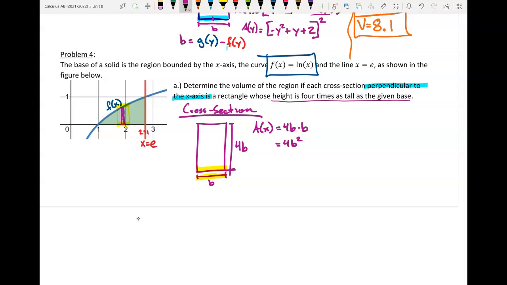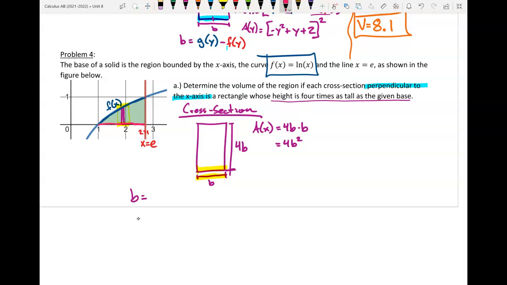Okay, how do I express my base? Well, in this one, we're going top minus the bottom. What's my top? My top is that f of x curve that we have, and what is my bottom? The bottom is going to be the x-axis, which is y equals 0.